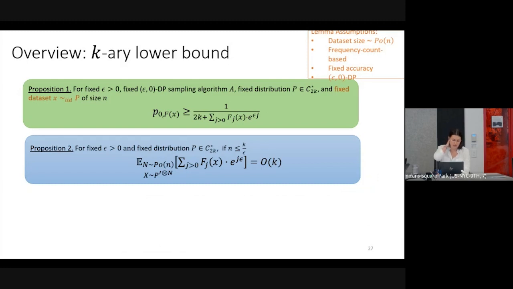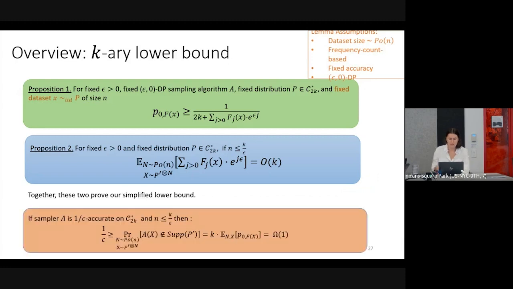Then we're going to prove that in expectation over data sets, this summation in the denominator is order k, if n is smaller than k over epsilon. And then together we can put these together to prove our simplified lower bound. So if you're accurate, then the probability that you return something not in the support is at most 1 over c, and there are k things not in the support, so k times this expectation of p0 will be lower bounded by a constant.